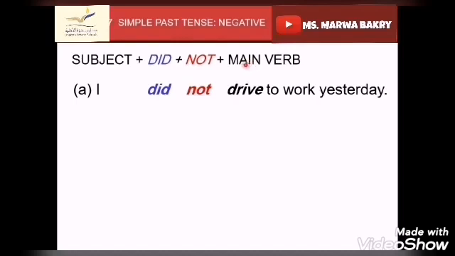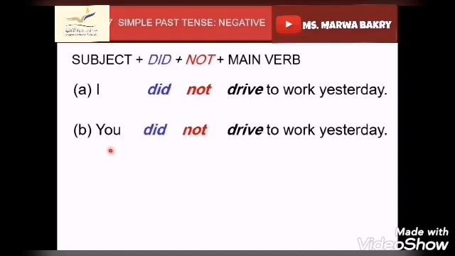Look at this example. I did not drive to work yesterday. Here we use the subject I, followed by did, plus not. Then we use the verb drive. This is the main verb, drive.